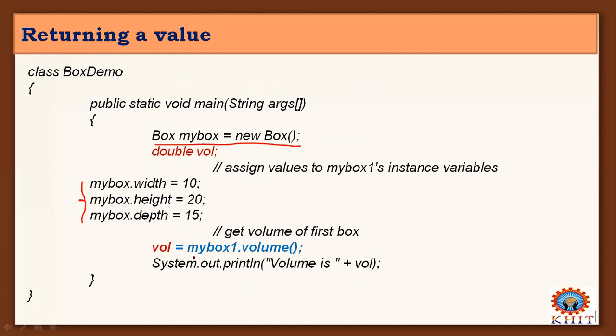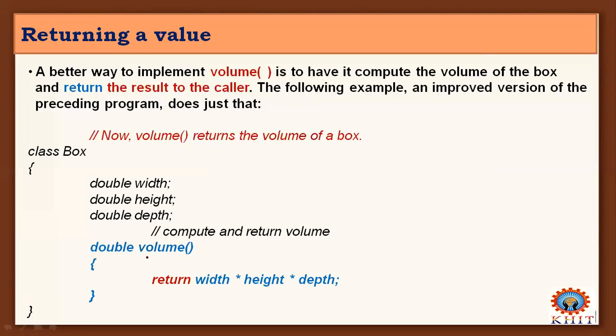Now, coming to how to call this volume method using the myBox object of the box class with the dot operator like this. As we know, this volume method of the box class simply returns the volume of the box by calculating it in the statement.